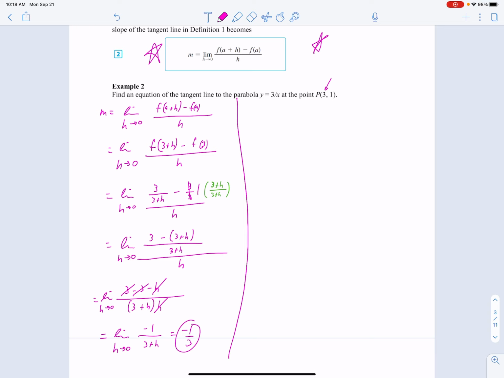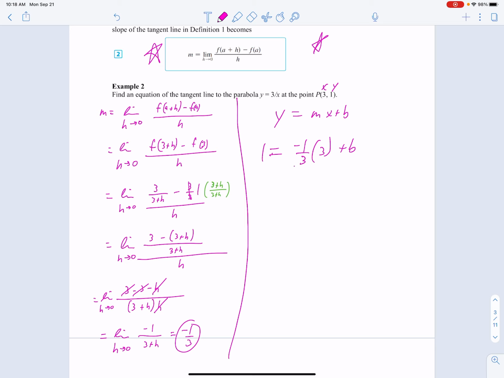So again, we have y equals mx plus b, because now we have a slope and we have the point, right? So we can do this. Remember, this is x, y. So we have 1 equals, slope is negative 1/3, x is 3.